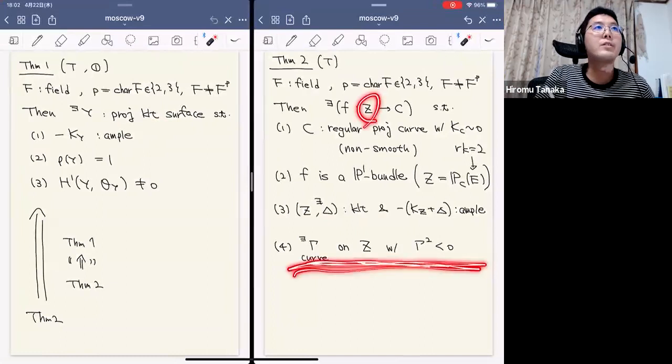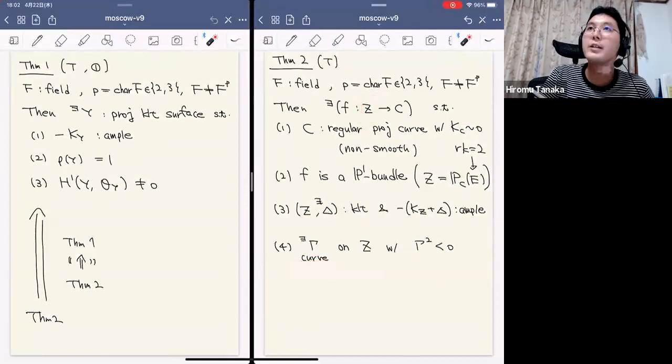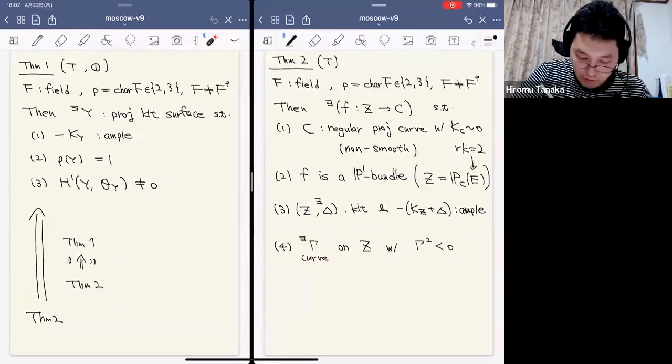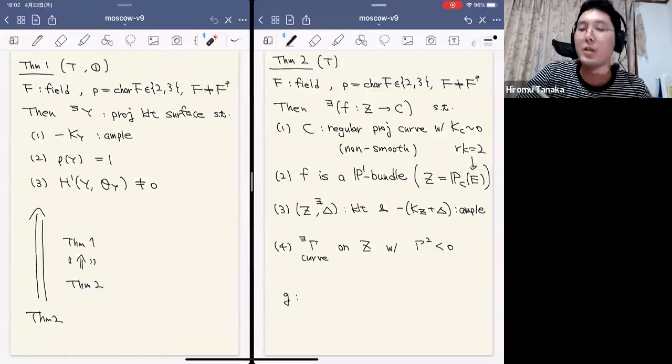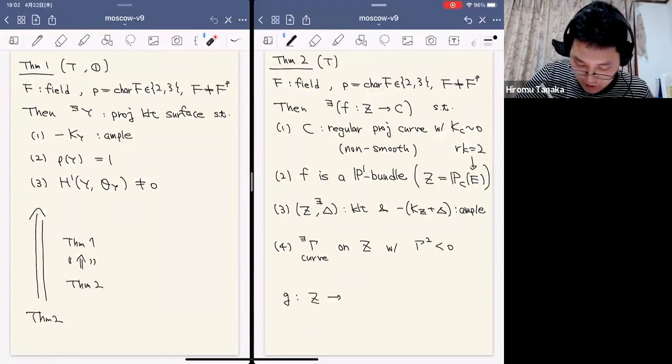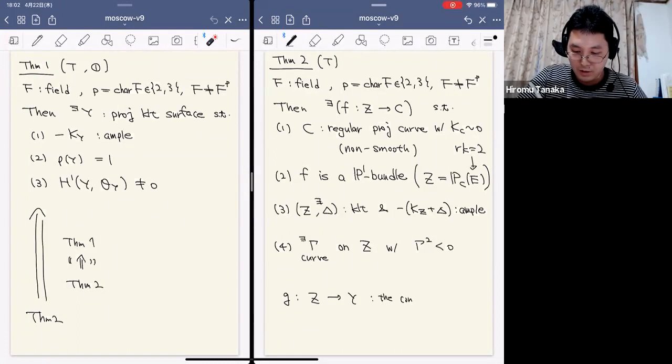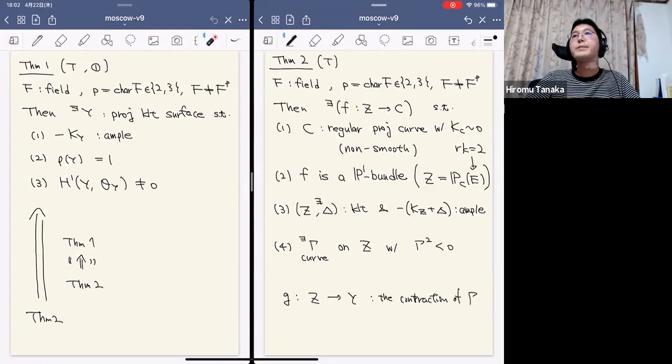And I think now I should mention what is the relation between Z and Y. So we have a negative curve gamma, so we can contract gamma, which is nothing but the contraction from Z to Y. This is a contraction. Partial contraction of gamma.